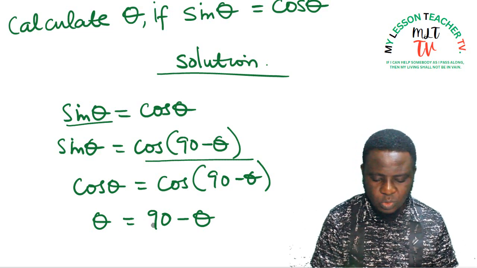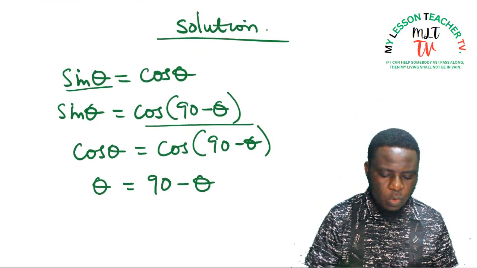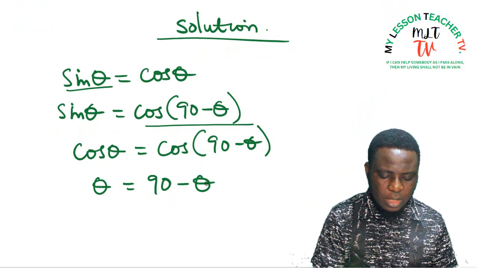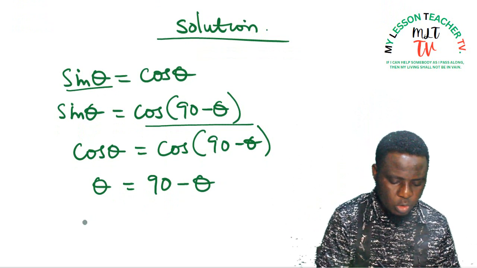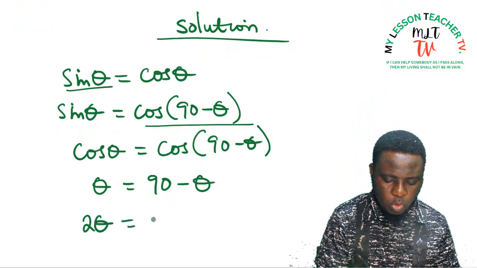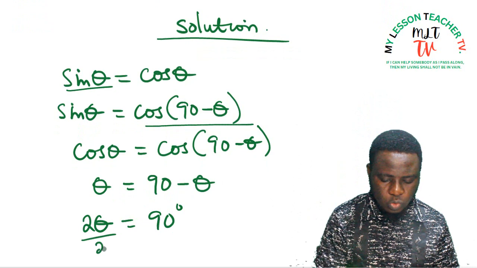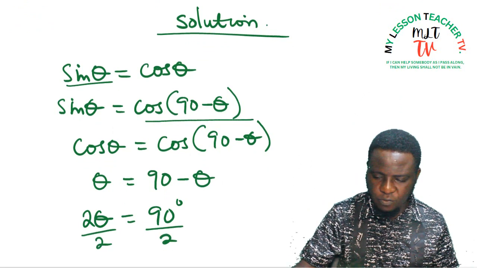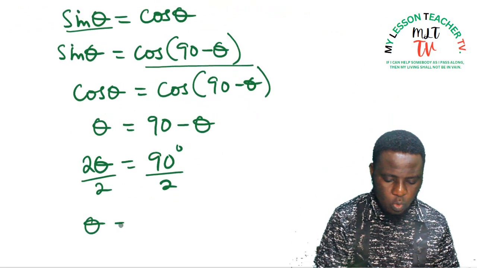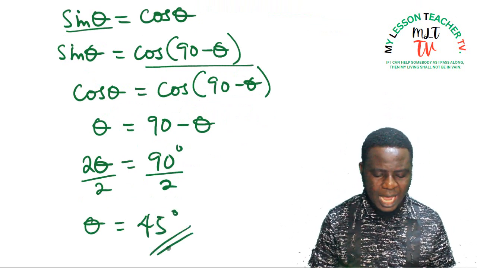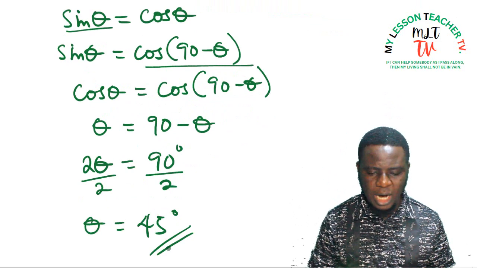So if theta is equal to 90 minus theta, we then have to collect like terms by adding theta to both sides. So this becomes 2 theta equal to 90 degrees. And when you divide both sides by 2, you have your value for theta to be equal to 45 degrees. So I was able to solve this using the idea of complementary angles.